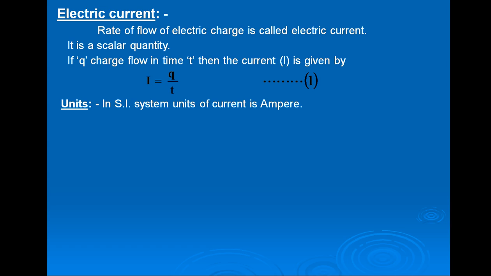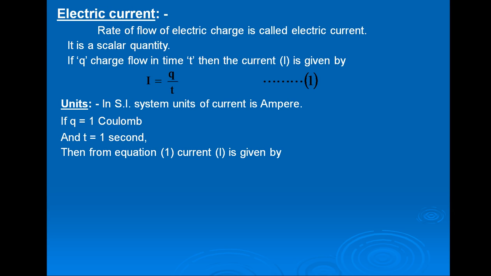Units of electric current. In the SI system, the unit of electric current is the ampere. If Q = 1 coulomb and t = 1 second, then from equation 1, current I = 1 coulomb / 1 second = 1 ampere.